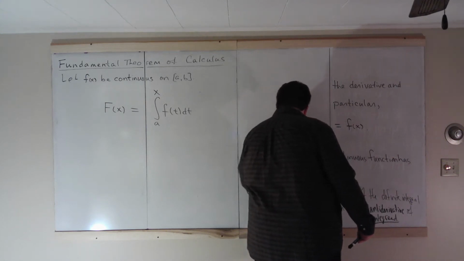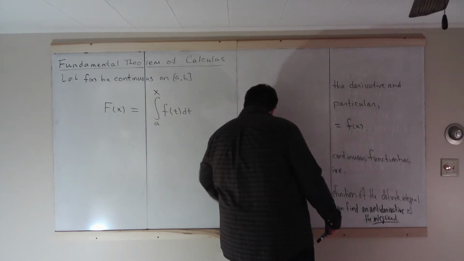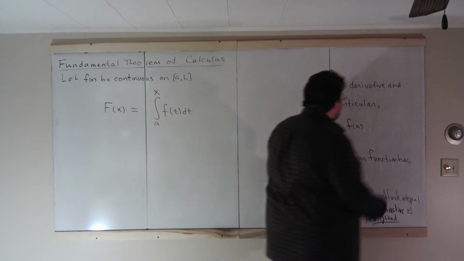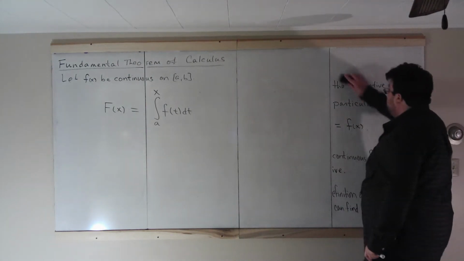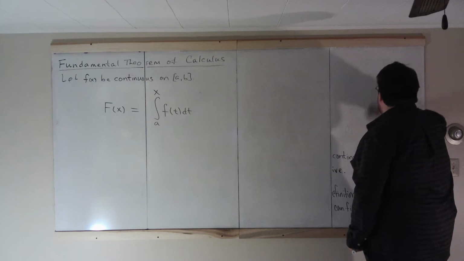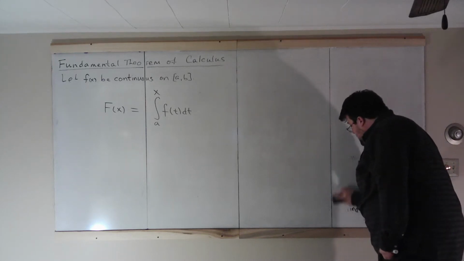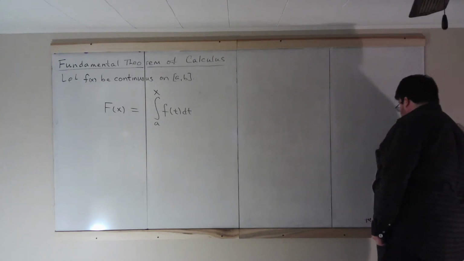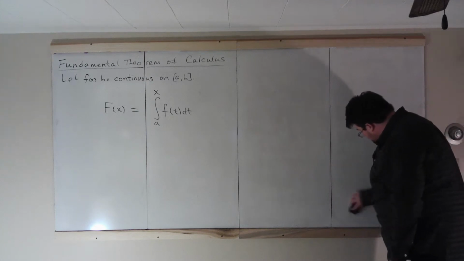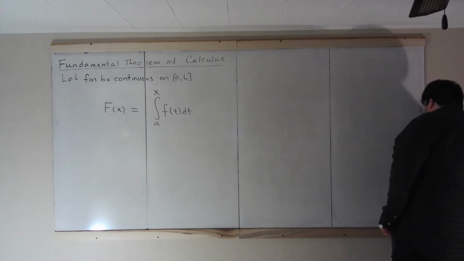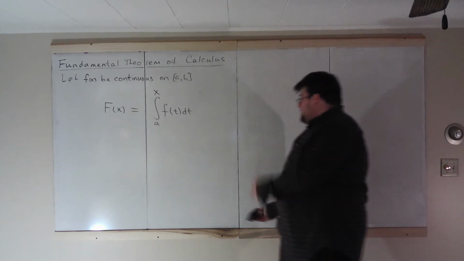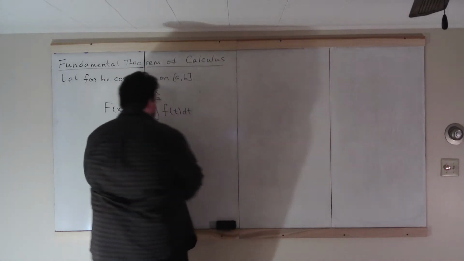In Calc 2 and Calc 3, you'll use integrals to find areas and volumes. Actually, today we're going to find some areas in the next video. And in Calc 3, you do a bunch more integrals, much more complicated integrals with extra variables. And this visual that I have here helps me figure those out.